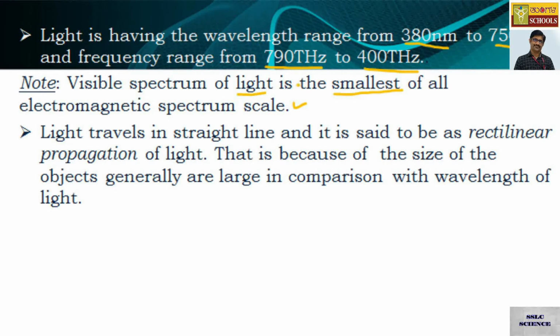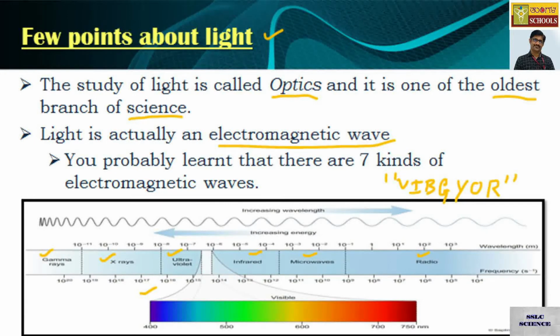Let me go back to the previous picture here. See, the electromagnetic spectrum is nothing but the systematic arrangement of all electromagnetic waves in order. Out of which the visible part is having the least range amongst all. Look into the radio wave. It is having a very wide wavelength range and hence frequency is low there.